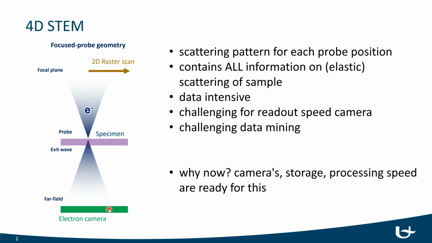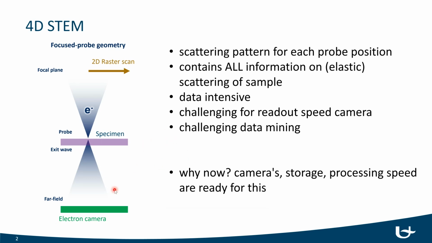But that means it's also very data intensive. You're going to produce an awful amount of data, and we need to think about how to handle that. It's very challenging for the speed of the camera, because typically you want to move the probe, let's say, every microsecond to a next position. So the camera has to be ready to read out its frame in such short times. And then you produce a lot of data, so it's also very challenging to make sense of all this data, do some data mining and find the information about the sample that you're after.